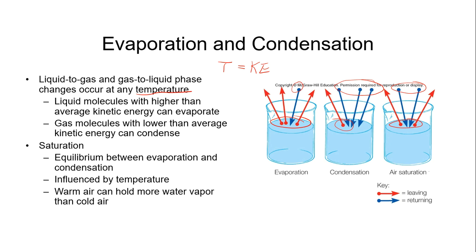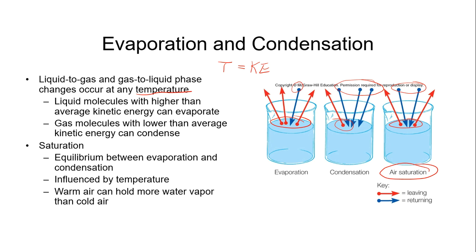This is saturation. In other words, at saturation the air is holding as much water as it possibly can. So if you have one water molecule evaporate, the air says, hey, I've got enough. I can't hold any more. So it sends one molecule down, condensing back into the jar.